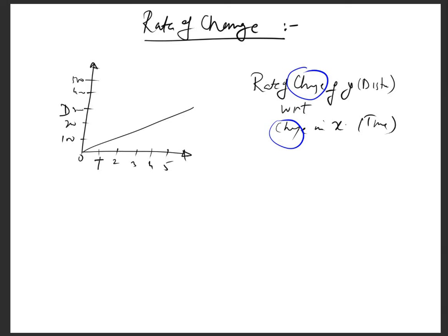So if I say, okay, at t equals 2, what was the distance? This is not a perfect graph, but let's say it's 100. So at t equals 2, d is 100. This is just the measurement of distance at time t equals 2. This is not the change.